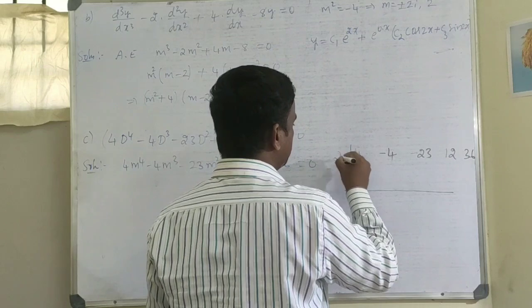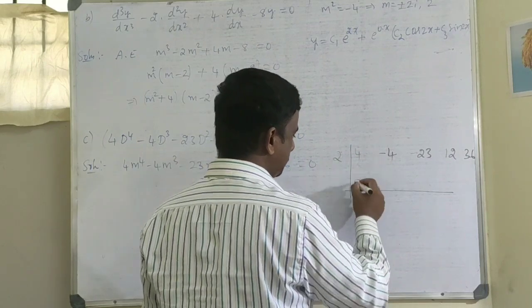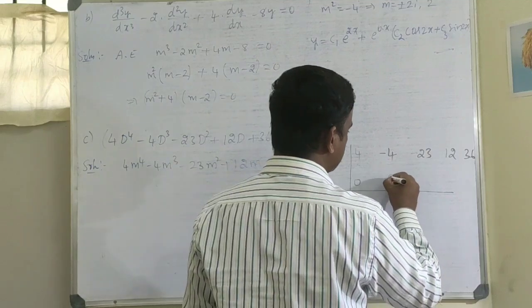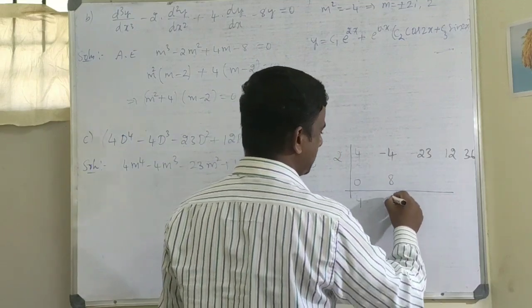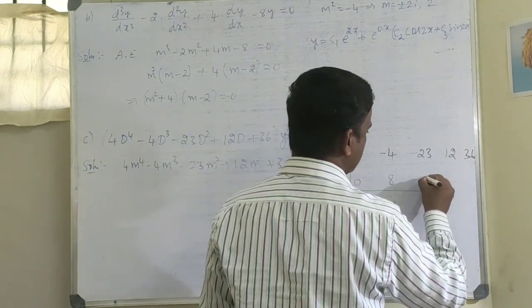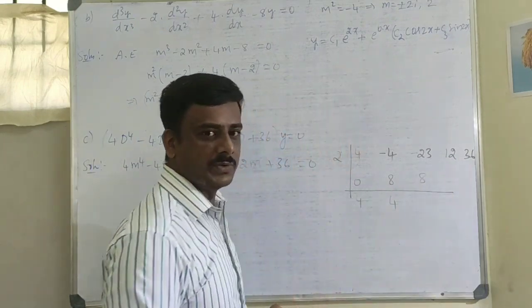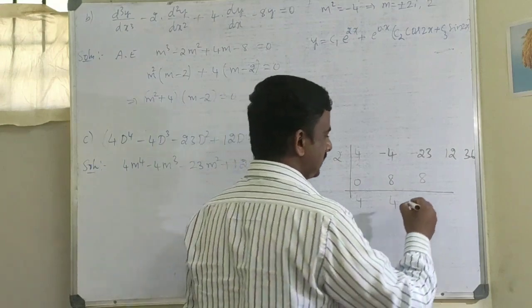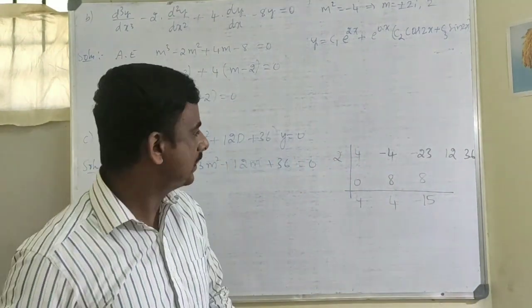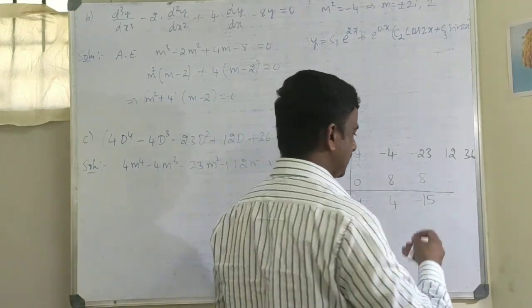Let us take 2. Adding 4 with 0, I will get 4. 4 into 2, 8. Minus 4 plus 8, plus 4. 4 into 2, 8. Minus 23 plus 8, minus 15. So minus 15 into 2, minus 30.